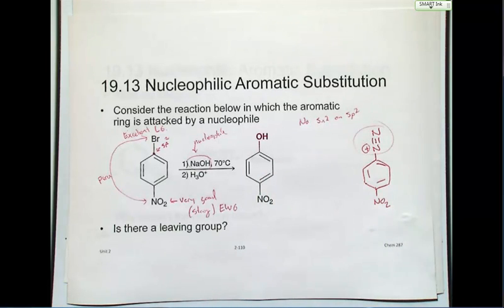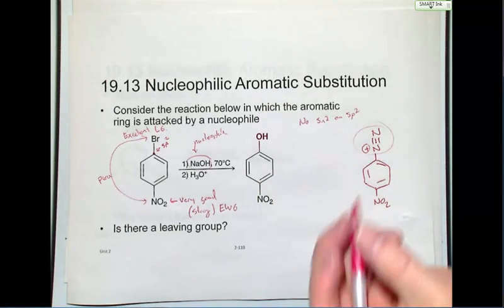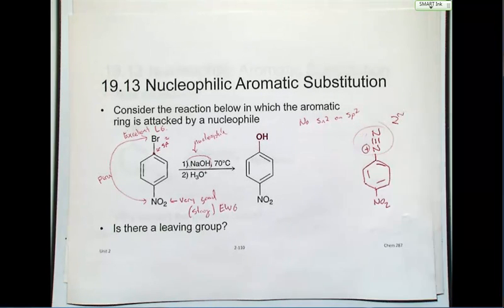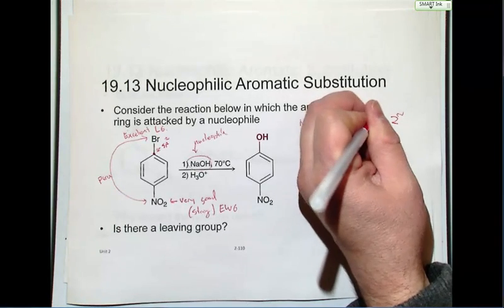So it's N2, it leaves as nitrogen gas. So this can become an N2 molecule, which is really stable. You can use that as an inert atmosphere on a reaction. It doesn't react with anything. It's a gas. So when it leaves, it has a lot of entropy associated with it because it's a gas. So anyway, this is called diazonium.